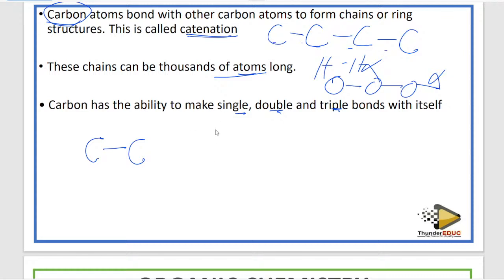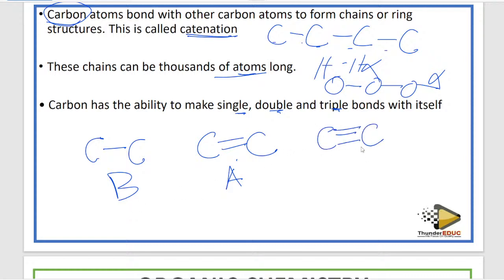But now if I have carbon with another carbon, a double bond, this molecule A is going to react differently from molecule B. And then it can form a triple bond, C. This molecule A is different from molecule B, which is different from molecule C.